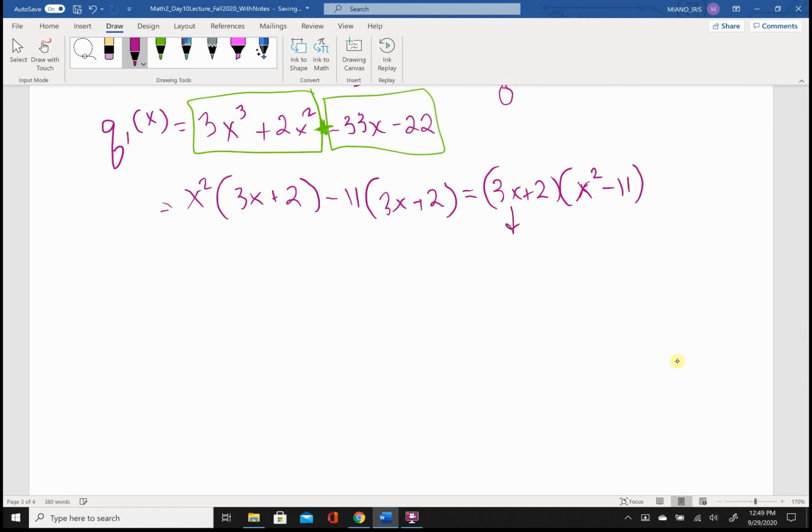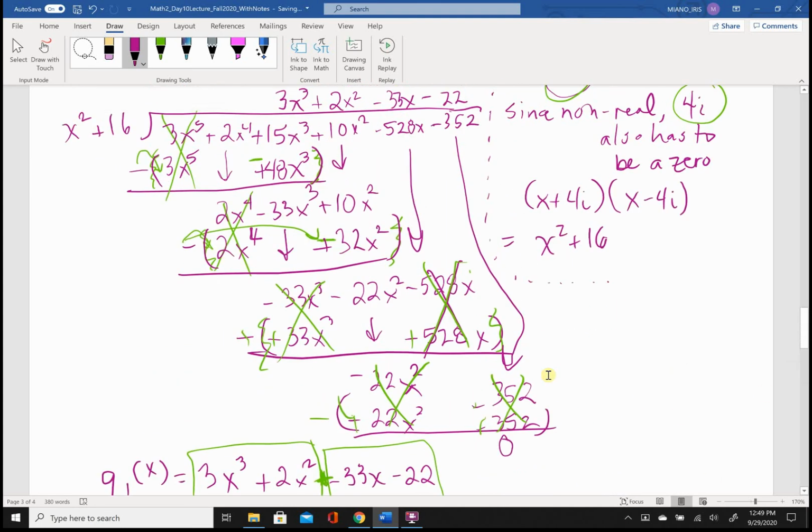So this is going to give us a 0 of, let's see, negative 2/3, if I'm not mistaken. And then when you set this equal to 0, right, you're going to have zeros of positive and negative square root of 11.